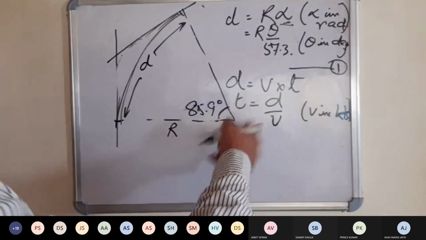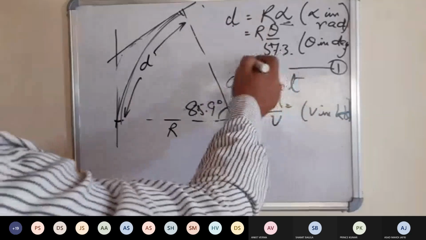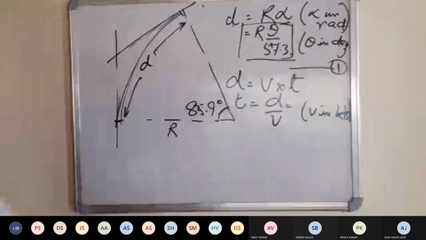So taking it forward, d की वैल्यू अगर हम यहाँ पे डाल दें, d की वैल्यू क्या है? R theta by 57.3.